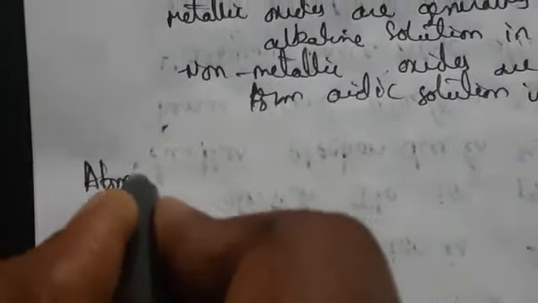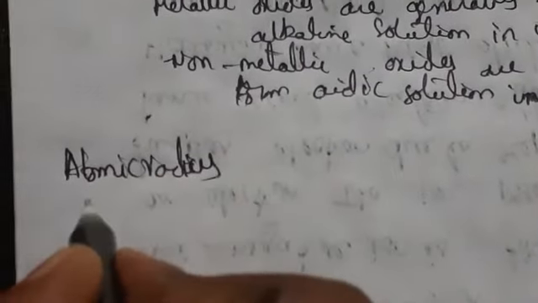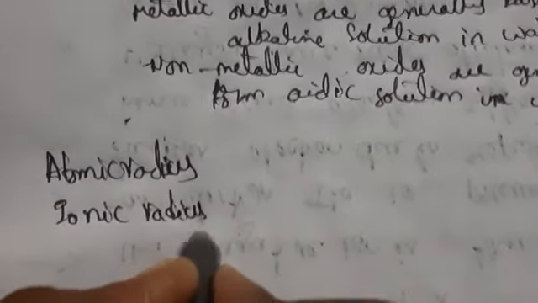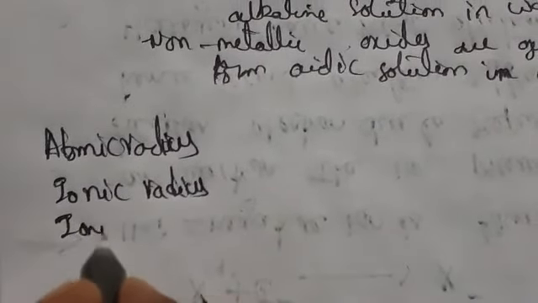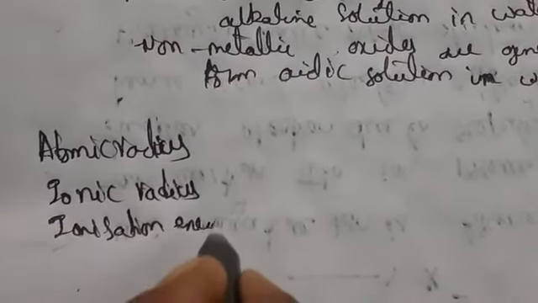So let us see one by one what happens in a group and in a period. First one, atomic radius. Next one, ionic radius. Next one, ionization energy. Electron gain enthalpy.